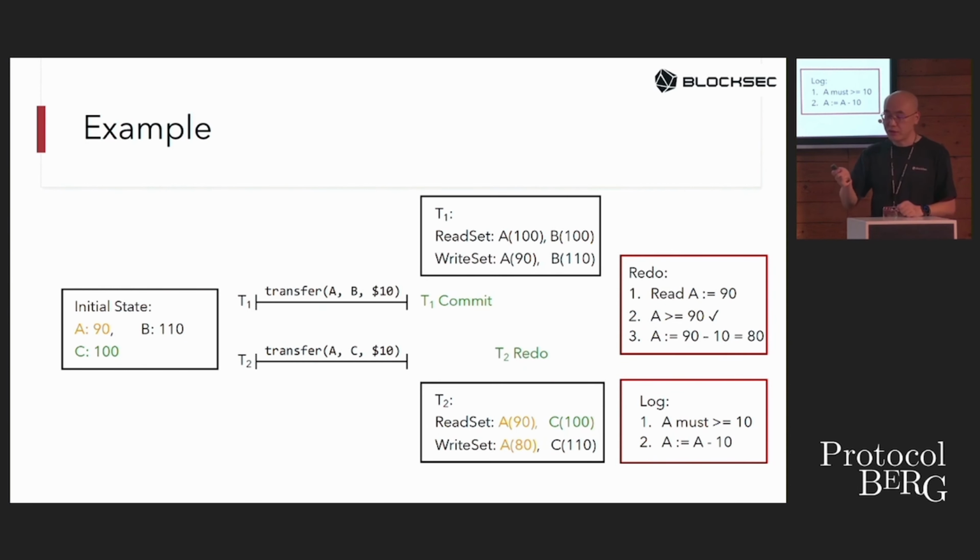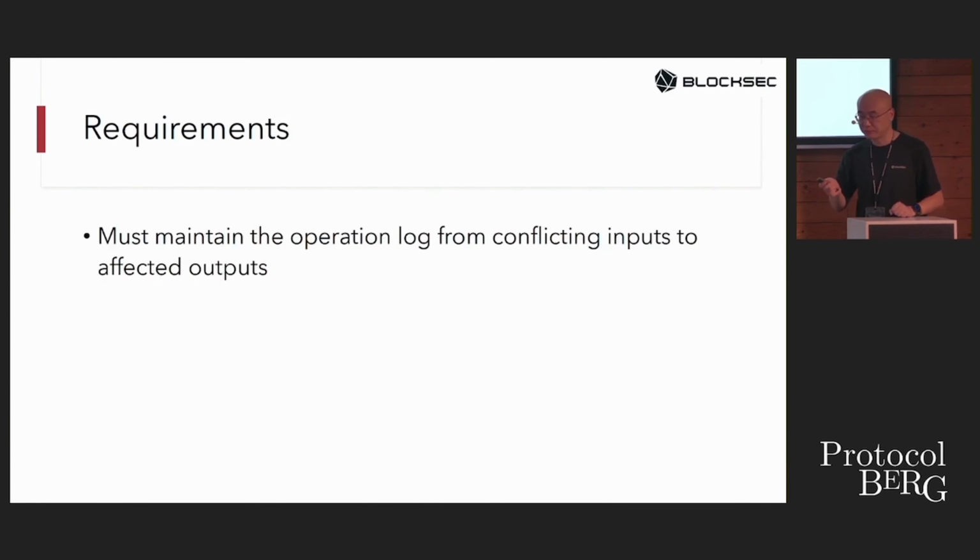When redoing the operations, we use the latest value of account A. The balance of account A is 90 instead of 100, and we re-execute these operations, and then commit the results of T2 into the world state.